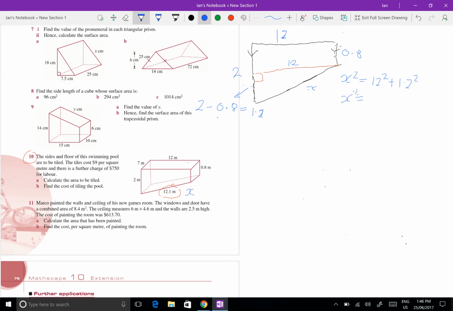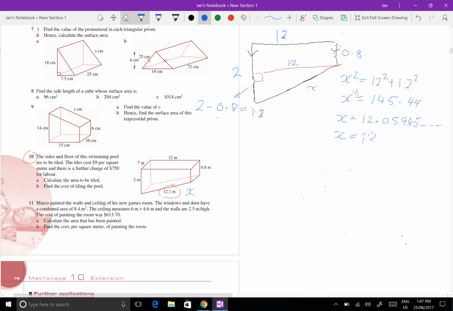I go to my calculator, and that equals 145.44, and I square root that, and I get 12.05985..., which equals, to one decimal place, 12.1.